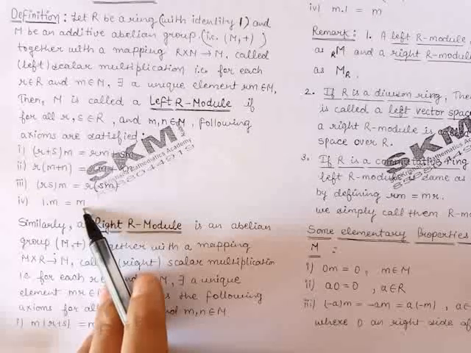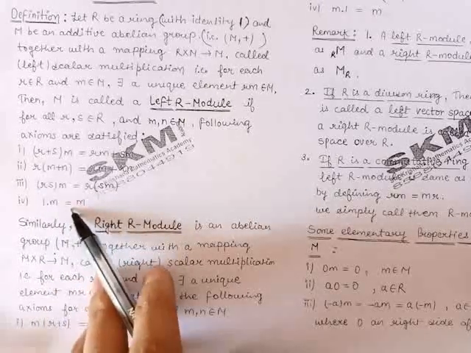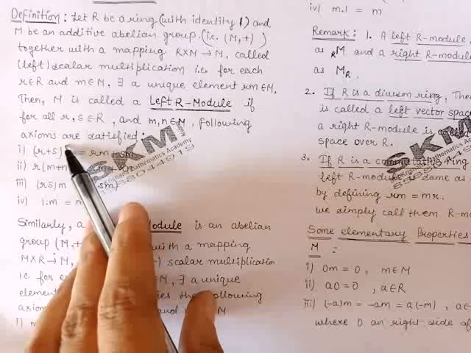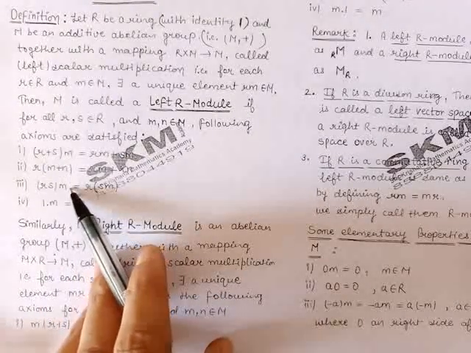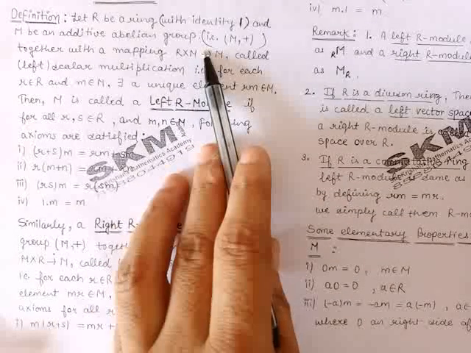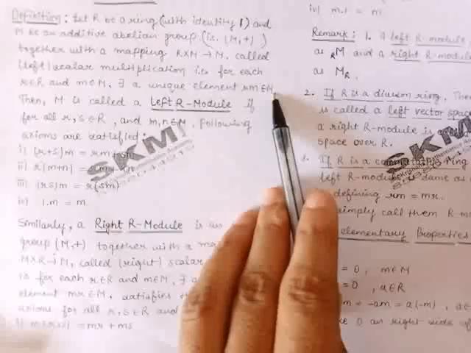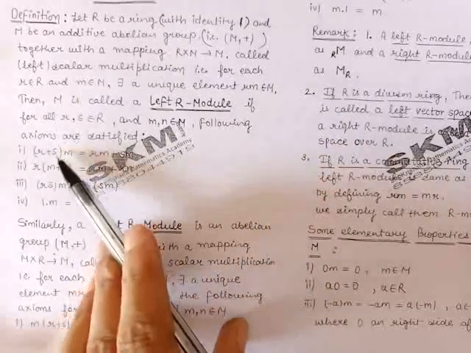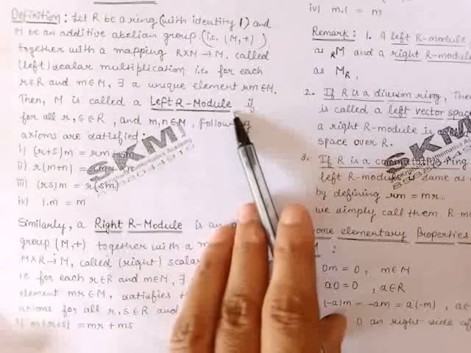So if the ring R has an identity element, this condition is also satisfied. Otherwise we have these three conditions. So we say that the abelian group M with the scalar multiplication defined in this way, which satisfies these conditions, is called a left R-module.